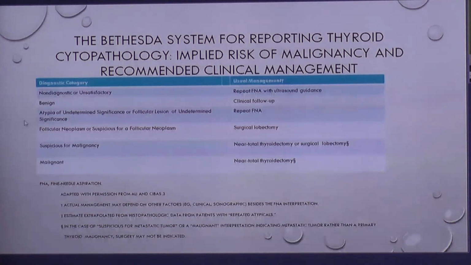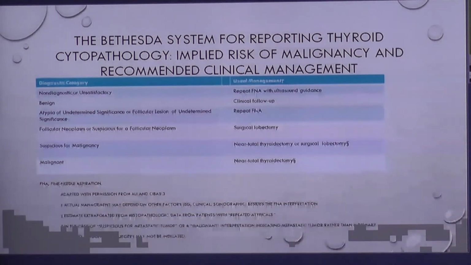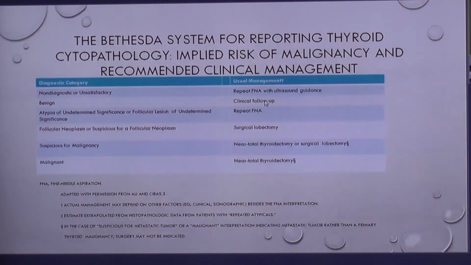When the report is atypia of undetermined significance or follicular lesion of undetermined significance, then repeat FNAC will be the recommended management. So that's how we can see it is the standardization of reporting which leads to standardization of management and thereby improves patient care.